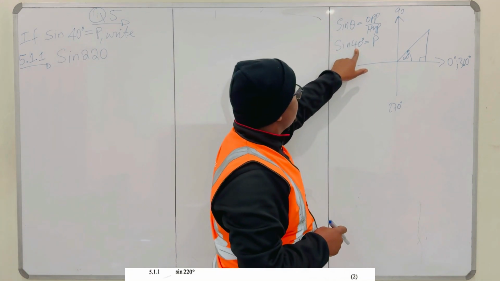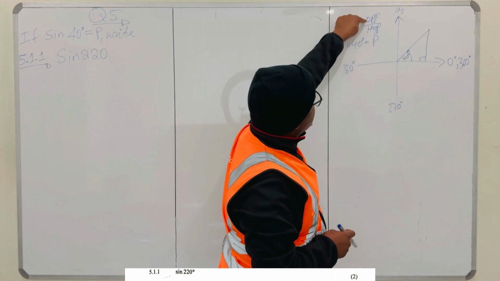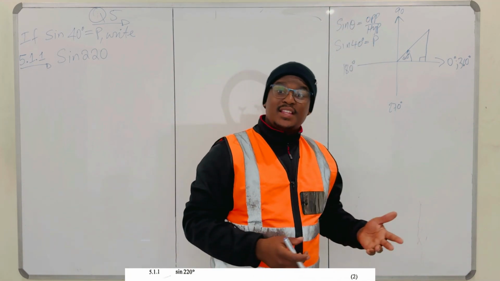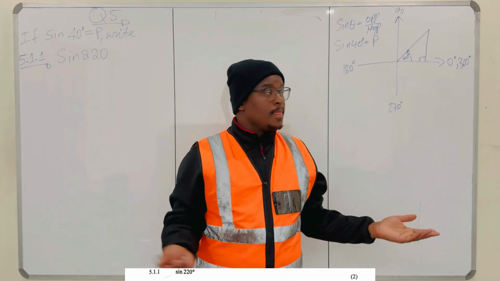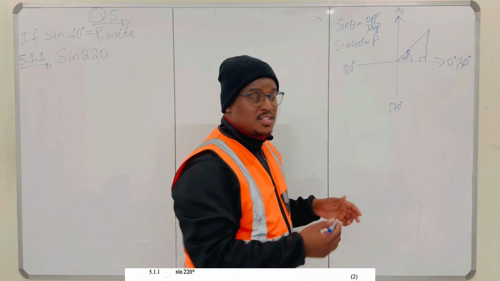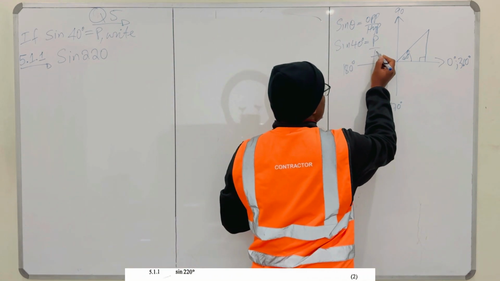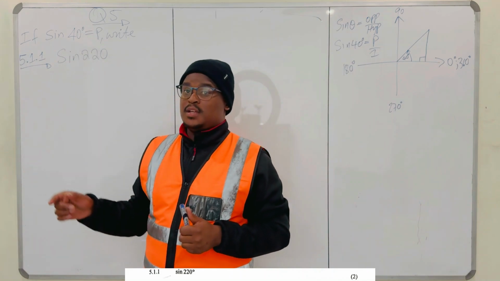Sine theta is opposite over hypotenuse, so this P should also be opposite over hypotenuse. So let's say our opposite is P. What is our hypotenuse? Our hypotenuse should be 1, so that P over 1 remains unchanged. It's the same as P.